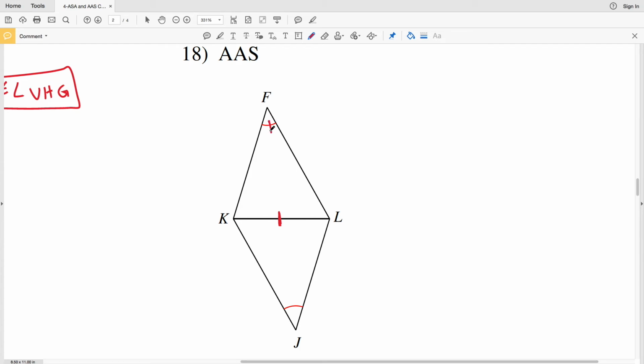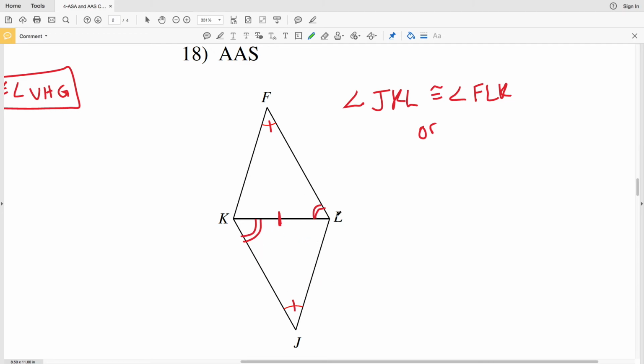Since angle F is congruent with angle J, we can say that angle JKL is congruent with angle FLK. And you can see that that side is not included because here is AAS and there is AAS.